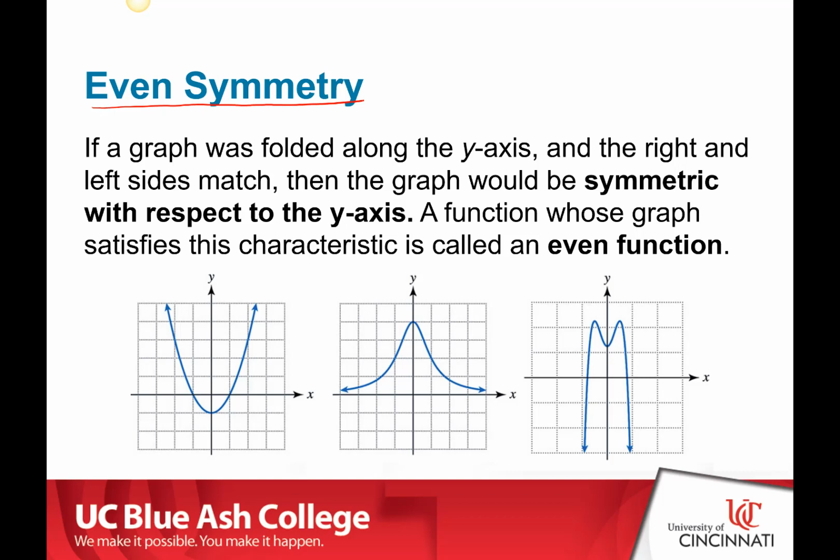Now, if I could take this screen, and I know maintenance doesn't want me doing this, but on this parabola, if I could take the screen and fold it along this y-axis, do you see that the two sides would fold up and be identical? On this bell-shaped thing, on the y-axis I could fold it and the two sides would match.